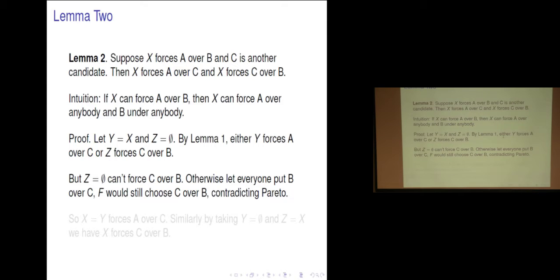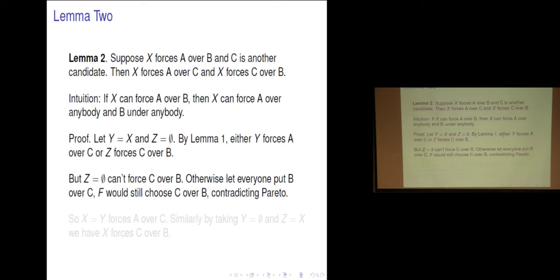Why? Because otherwise, suppose the empty set has this power, from vacuum. Now consider this ballot: everyone puts B over C. F will still choose C over B, because if Z forces, F will go with Z. You don't need anybody.